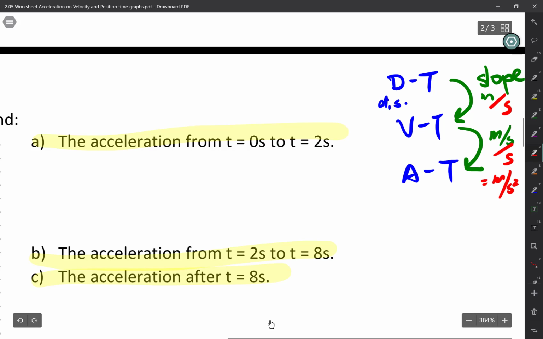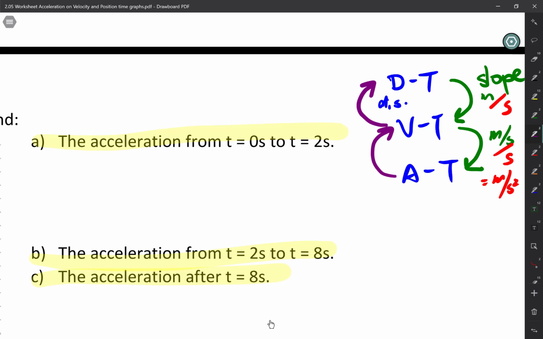Vice versa, we're not going to need this for this video. I'll come back to it in the second part, but to go backwards, to go from the acceleration time graph to find your velocity, or change in velocity, and from your velocity to get your displacement, you are going to find the area. And why are you trying to find the area?